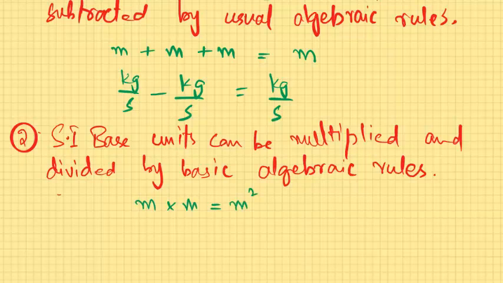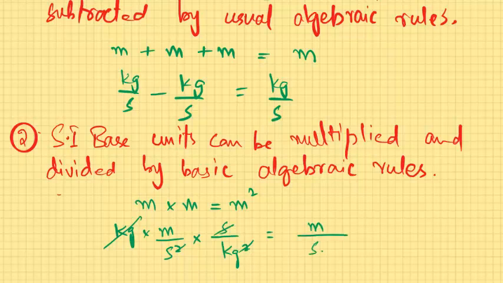Similarly, if I have an equation like kilograms multiplied by meters per second square multiplied by seconds per kilogram square, I will simplify it using basic algebraic rules. That is, this kilogram will cancel this square and this square will cancel this second, and I will be left with meters per second per kilogram.